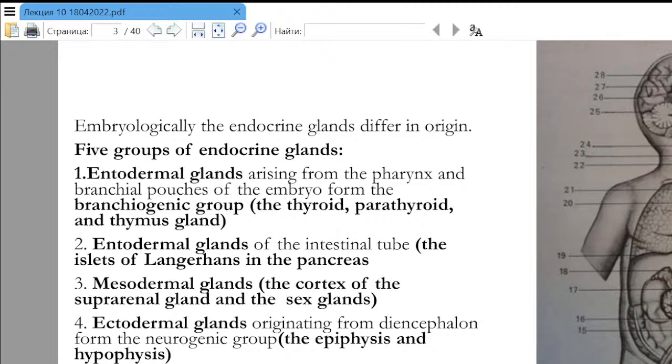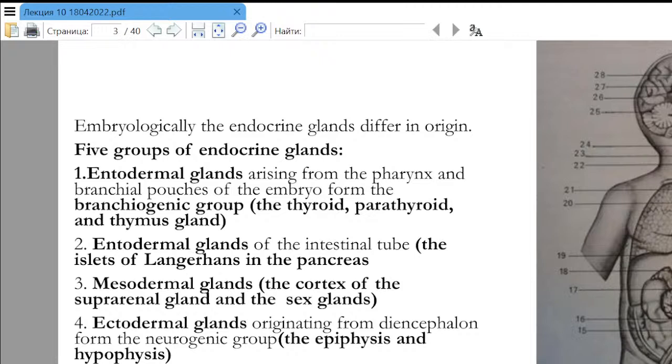Next group, ectodermal glands originating from the encephalon form the neurogenic group: the epiphysis and hypophysis. Next group, ectodermal glands arising from the sympathetic elements form the group of the adrenal system: the medulla of the suprarenalis and chromaffin bodies.